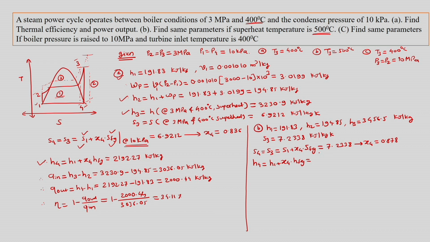So we know that it is 191.83 plus 0.878 into HFG. In case it is not given, we can make it HG minus HF. So it is 2584.7 minus 191.83.